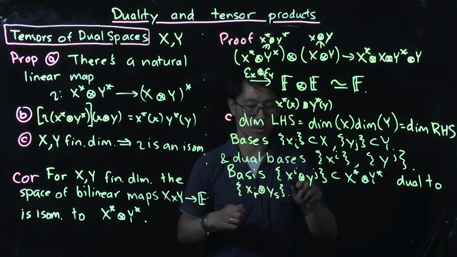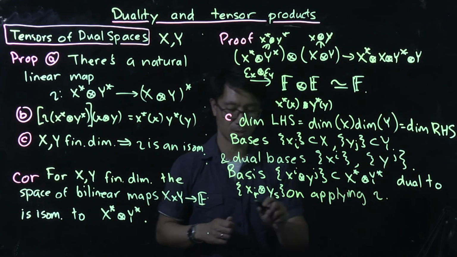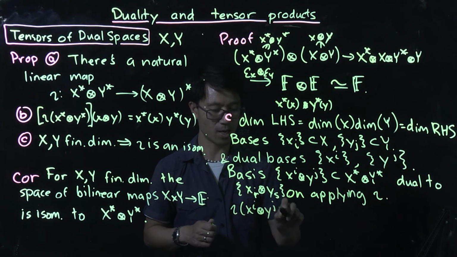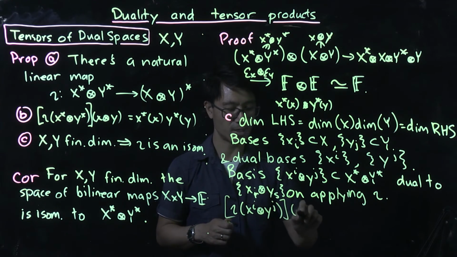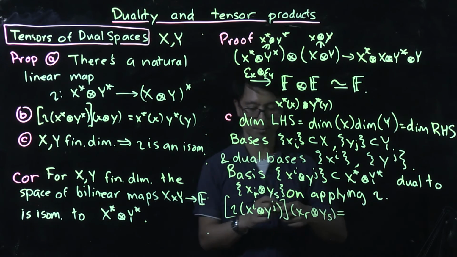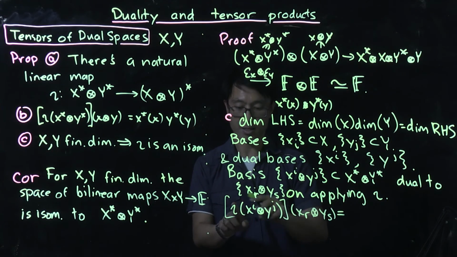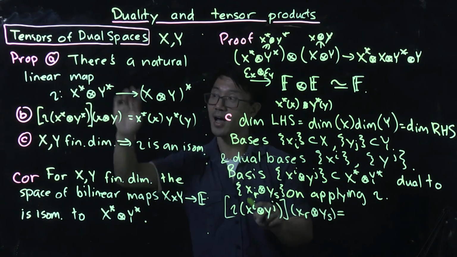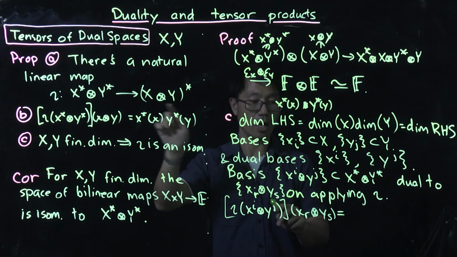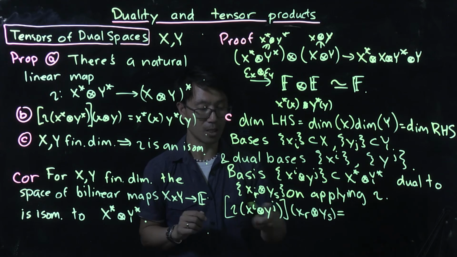So let's have a look at iota of x^i tensor y^j evaluated at x_r tensor y_s. That's what we want to do, and we want to check that when you map this basis by iota, it gives you a basis here because it's just a dual basis to the basis x_r tensor y_s of x tensor y. That's the goal. But what is this equal to?